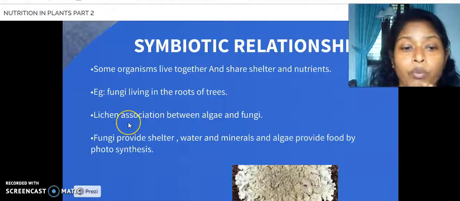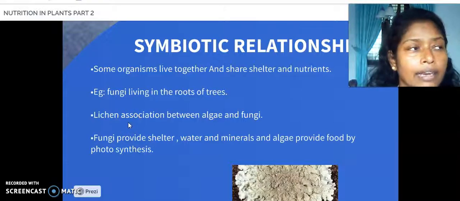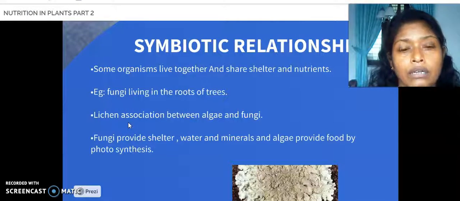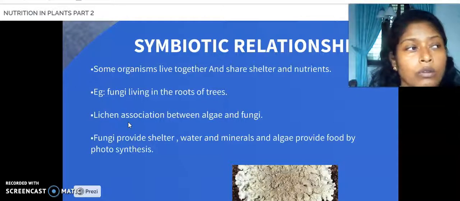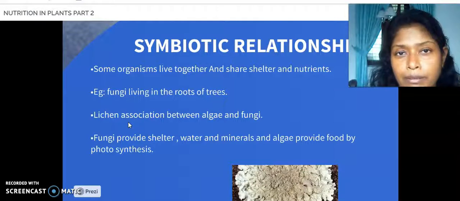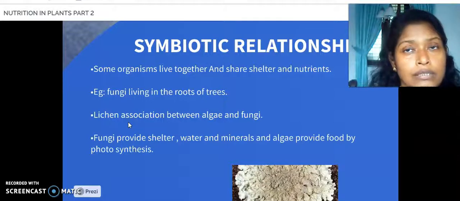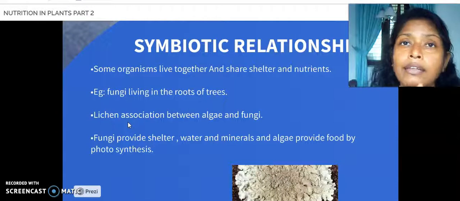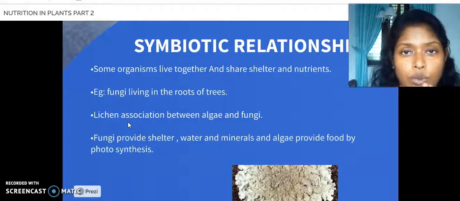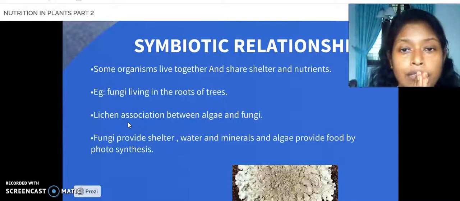Lichen is a term where the algae, you can see as green color in water or patches on the wall, are involved. Algae are green because they have the pigment chlorophyll, and they can synthesize their own food. But fungi, we just learned, are saprophytes; they cannot synthesize their own food and depend upon dead and decaying matter. So these fungi and algae combine together and their association is called lichen.